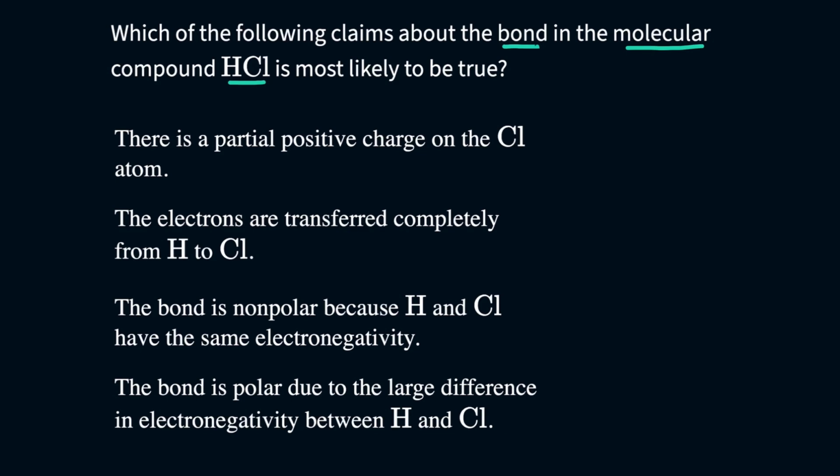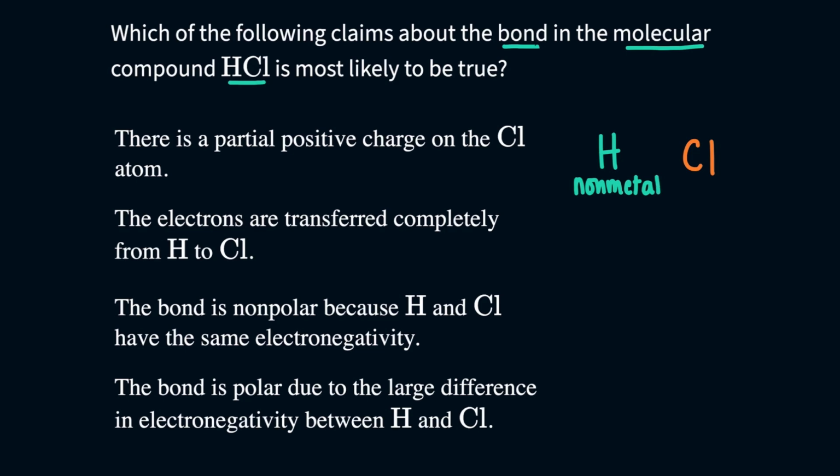Well, let's see. Now we have a bond between hydrogen and chlorine. And the first thing I would do is just to state what type of atoms these are, whether they're metals or nonmetals. That might help us out a little bit. Now, hydrogen is all the way on the left side of the periodic table. However, it is the only nonmetal that is there.